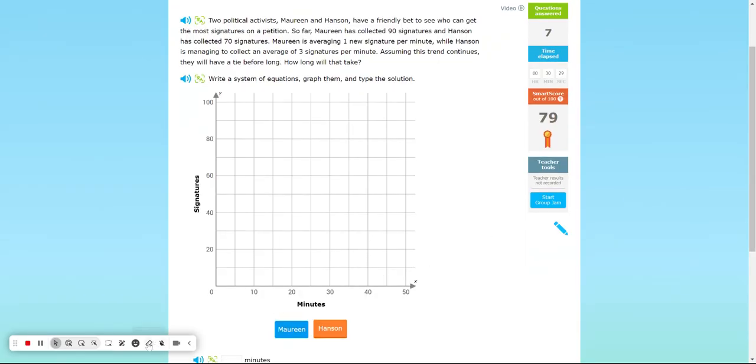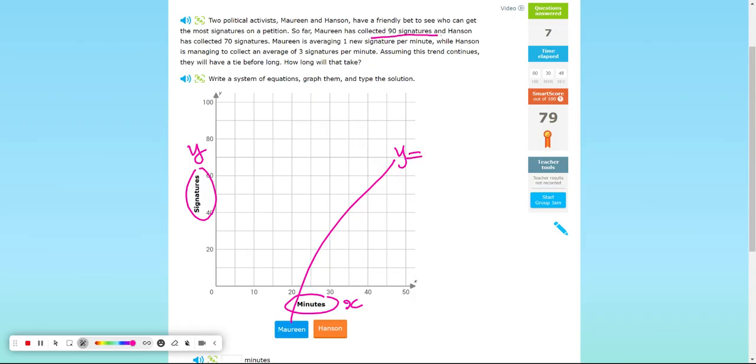Okay, so the x-axis will be number of minutes, so I put down X. The vertical axis will be signatures, so that's a Y, okay? Let's go find the equation for Maureen. Maureen had collected 90 signatures, so I put 90 in the back.